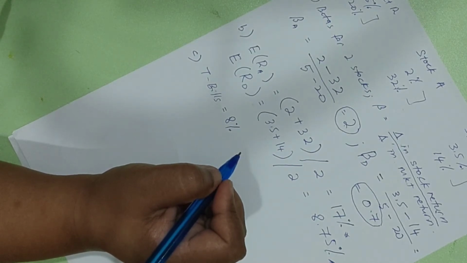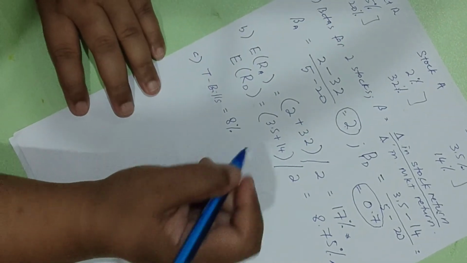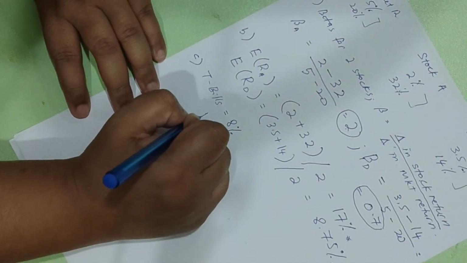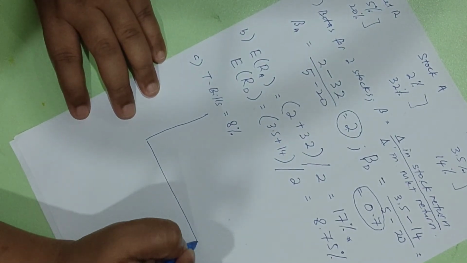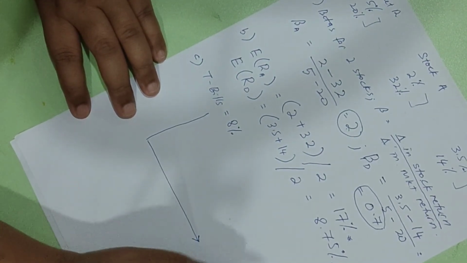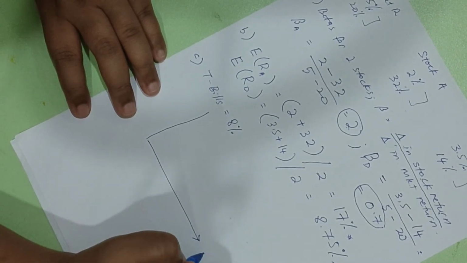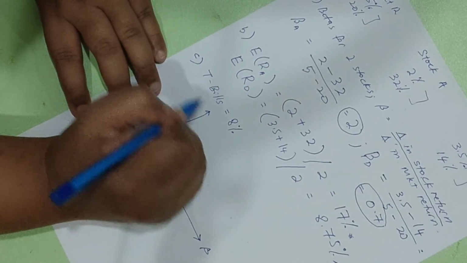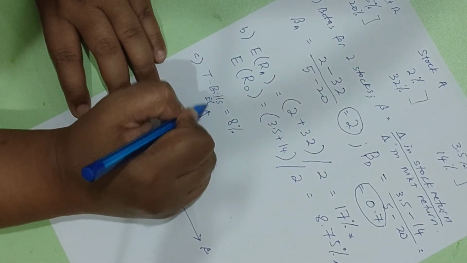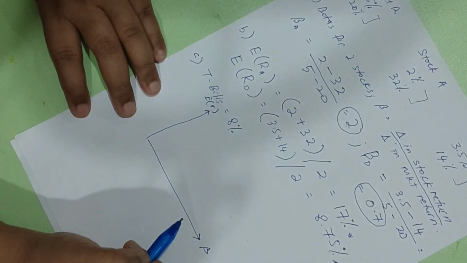Draw the SML for this economy. So here you need to draw the SML. For the SML, the axis here is beta, and here is expected return.